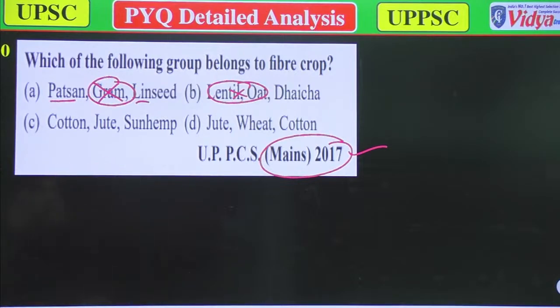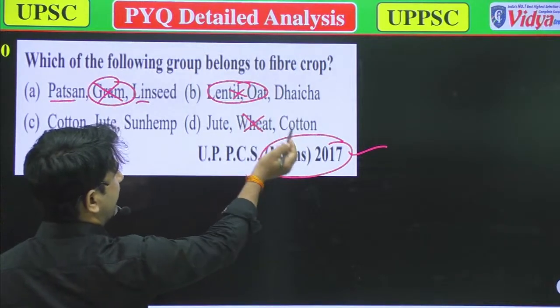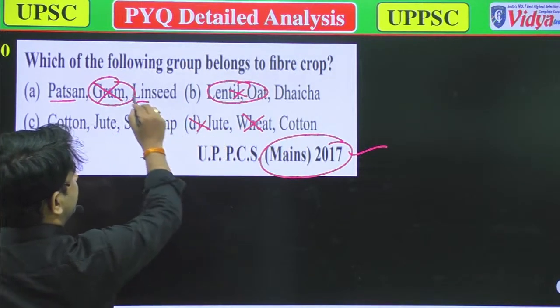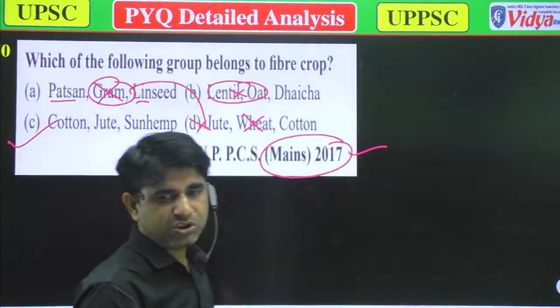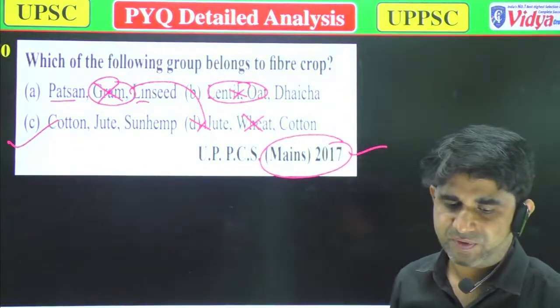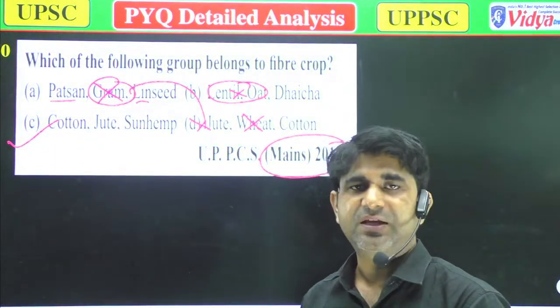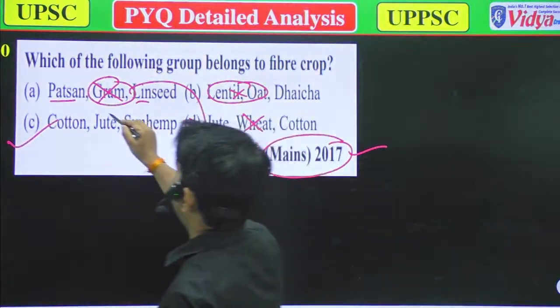D, jute, wheat, and cotton: wheat is not a fiber crop, so we can eliminate that. So option C is correct: cotton, jute, and sunhemp are the group of fiber crops.